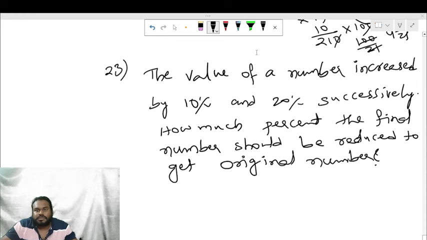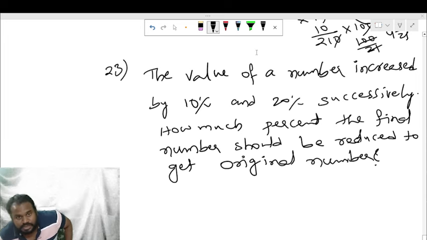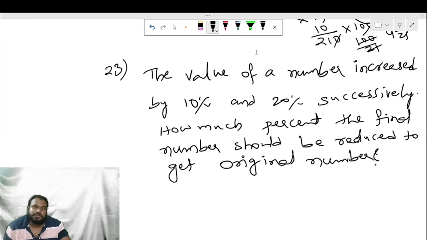In the next question, 23: the value of a number is increased by 10% and 20% successively. There is a number whose value is increased first by 10% and then by 20%, one after the other. Now how much percentage should the final number be reduced to get the original number is asked. So there is some value.